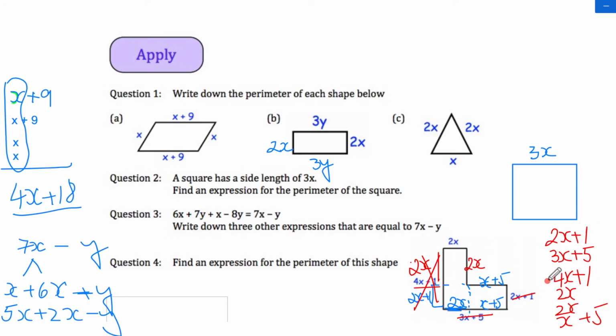And then you find the answer. So let's see. 2 plus 3, 5, plus 4, 9, plus 2, 11, plus 2, 13, plus 1, 14. So it should be 14, if I'm not mistaken. 14x plus 5 plus 1 is 6, plus 6 is 12. 14x plus 12. Okay? So let's have a look at the answers now.